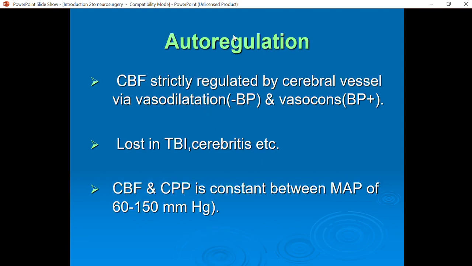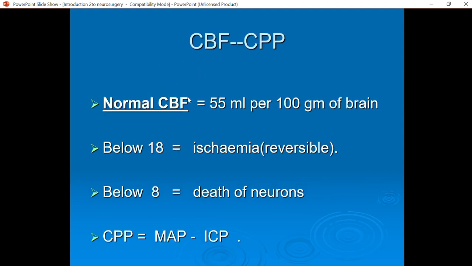What about the autoregulation? As we mentioned in the previous slide, the cerebral blood flow is fixed and is unrelated to the patient's condition, whether he is resting or exercising, unlike the muscles or GI tract or other organs in the body.